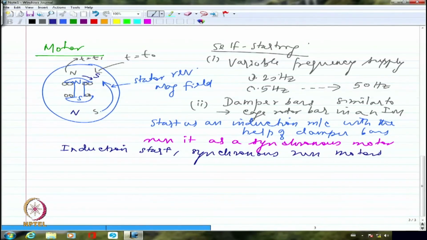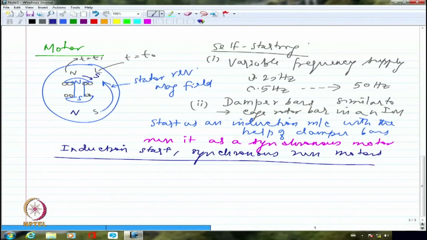These are generally used only at lower ratings. You can't use them at very high ratings. As we said, an induction machine is going to carry a current of almost 6 to 8 times the rated current when I am starting them. This will be even more here because I have fewer bars.